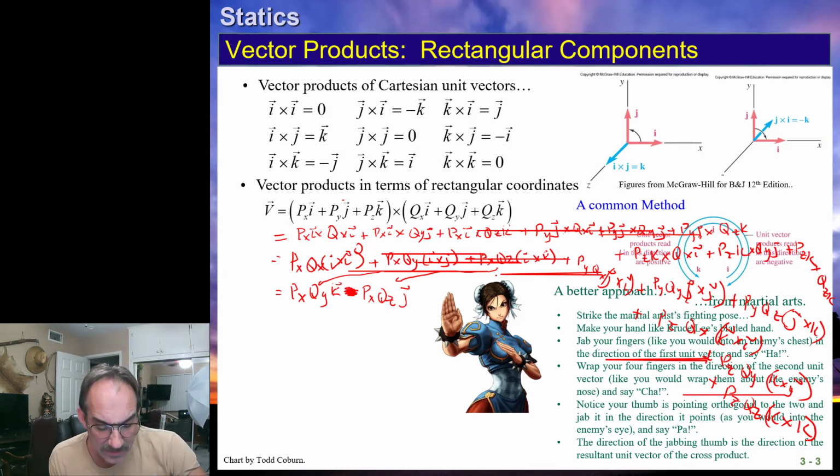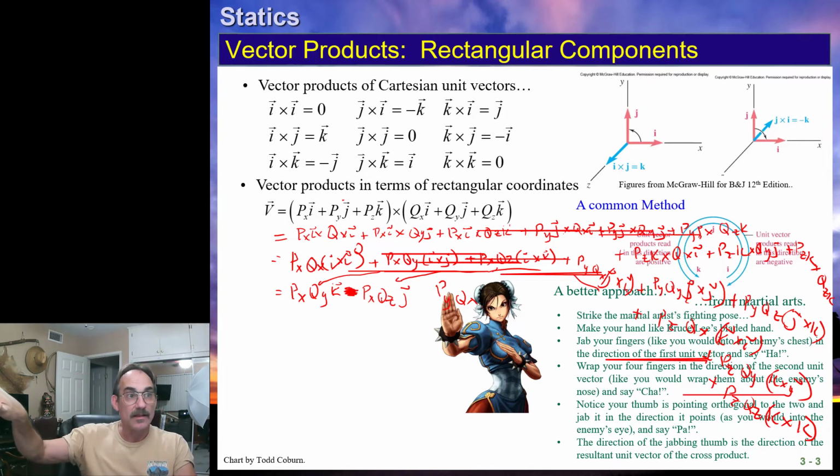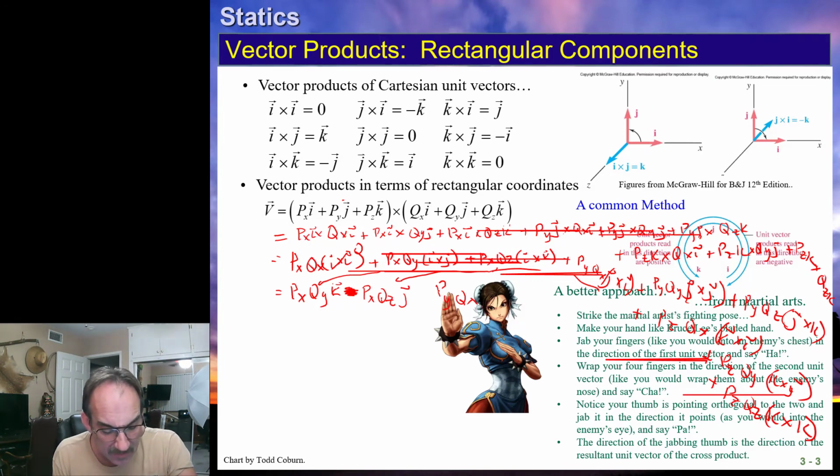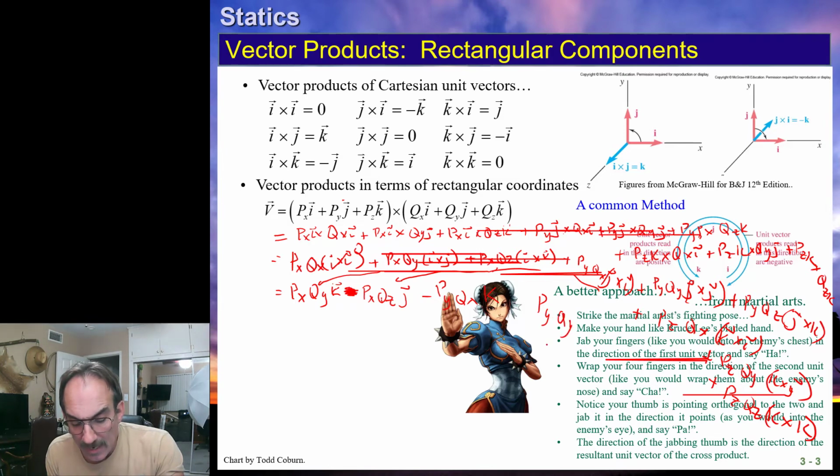Okay? Our next term, that's that guy. Now we have Py Qx, and it's a J crossed with I. J cross I looks like it's minus K. Then we have Py Qy, J cross J, we said that's 0.